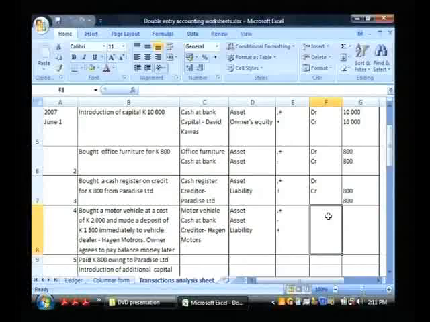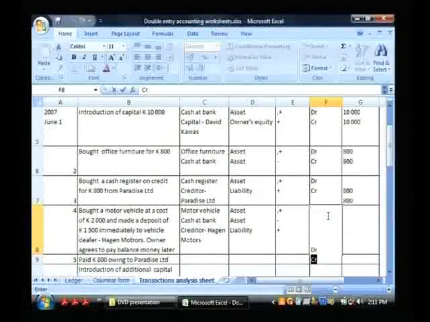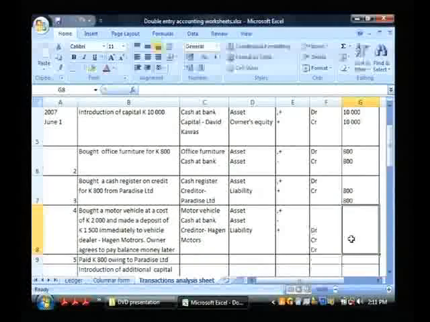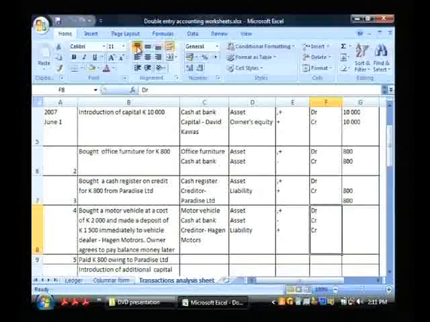All right. So then increase of asset, as you know, it is debit, decrease of asset credit, and increase of liability also credit. So 3 entries: debit motor vehicle account, credit cash at bank account, credit creditor.